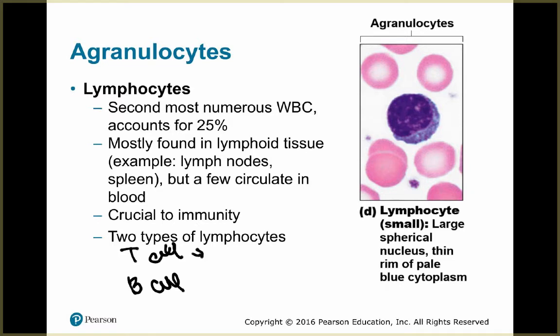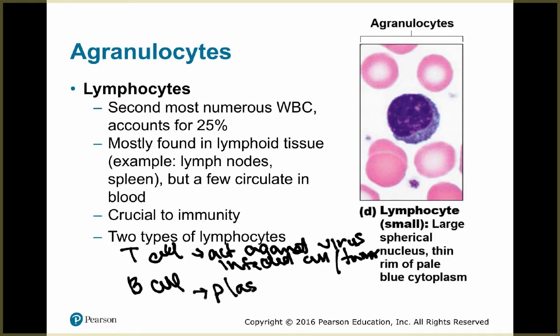The T cells act against virus infected cells and tumor cells. And the B cells give rise to what are known as plasma cells, which will later produce antibodies.